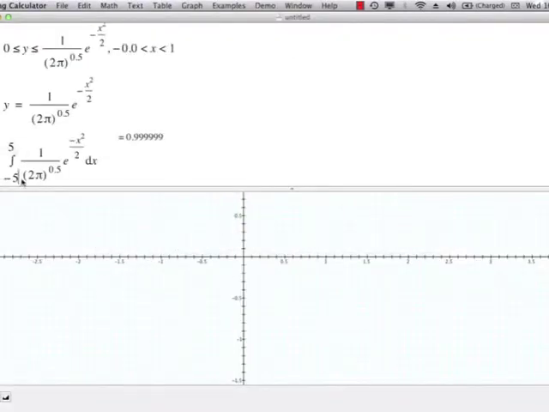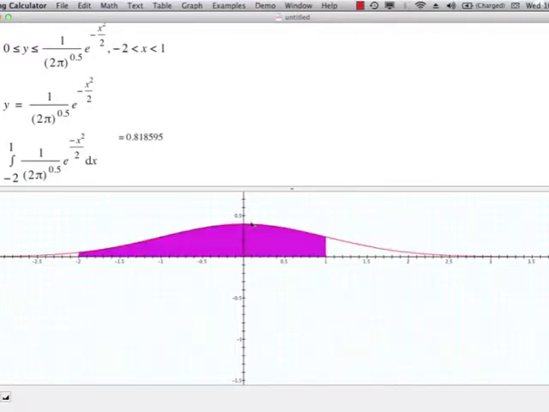So if I go from -2 to +1, I get 81.8% of the data, and I do that there. Basically the pink is going to be 81.8% of the total under the curve. Okay, so then we're going to come back and look at my beaker data one more time, and then we're basically done.